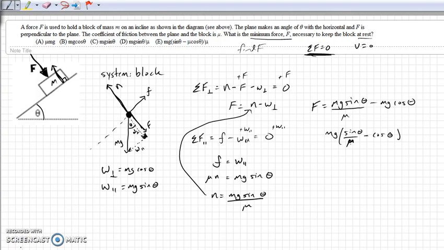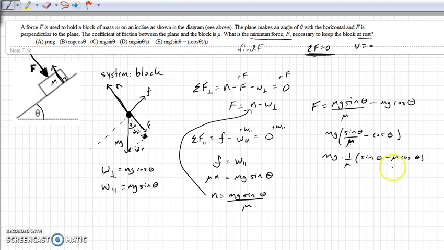Now, it's kind of hard to see this, but when you factor out 1 over mu, again, if I factor out 1 over mu, write it like this, then sine theta over mu minus cosine theta actually becomes sine theta minus mu cosine theta.